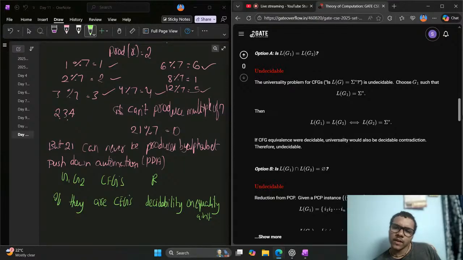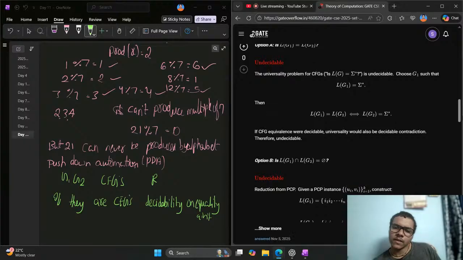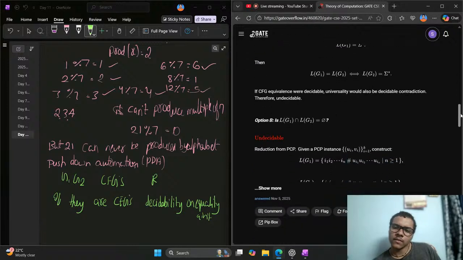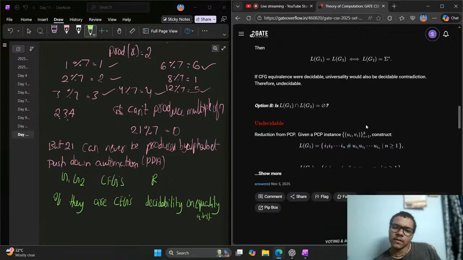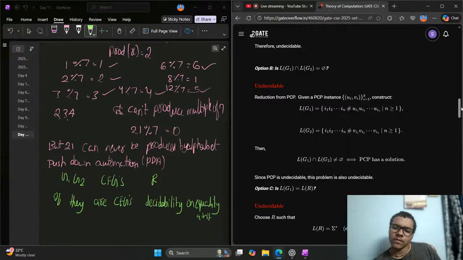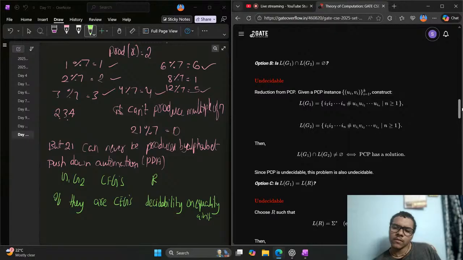The universality problem is undecidable. The CFG equivalent, okay, PCP.